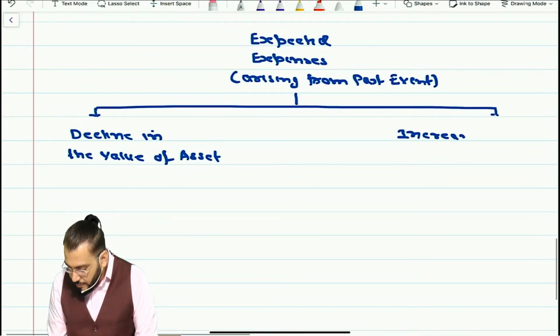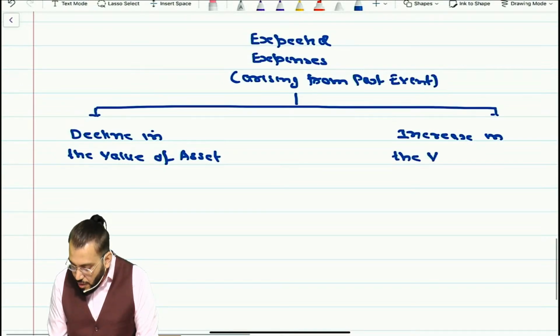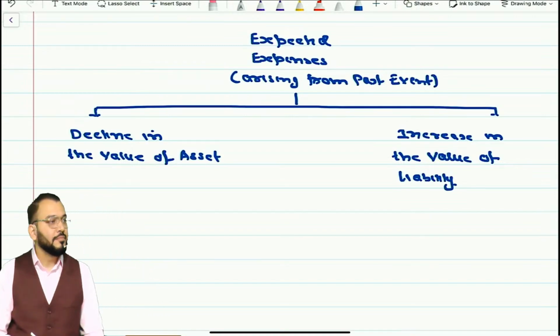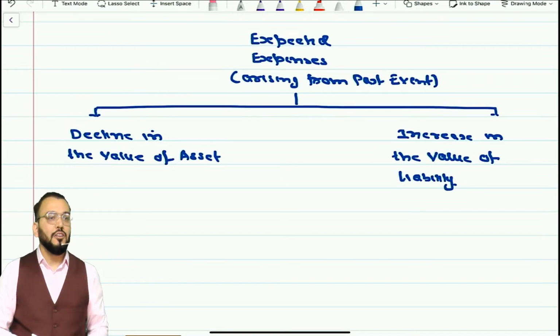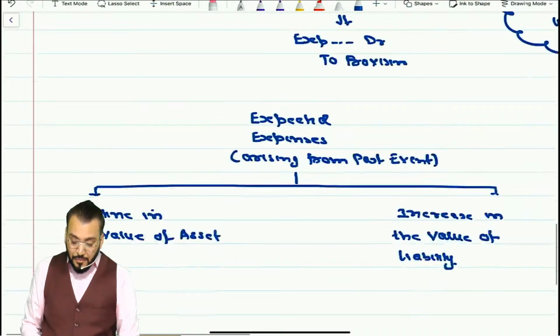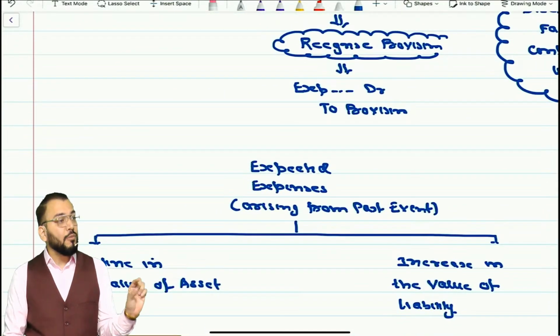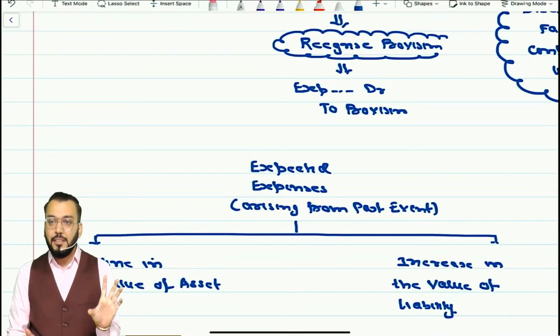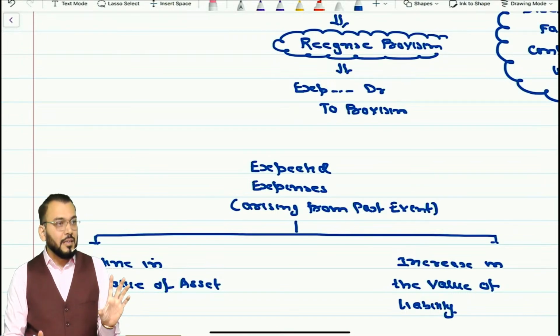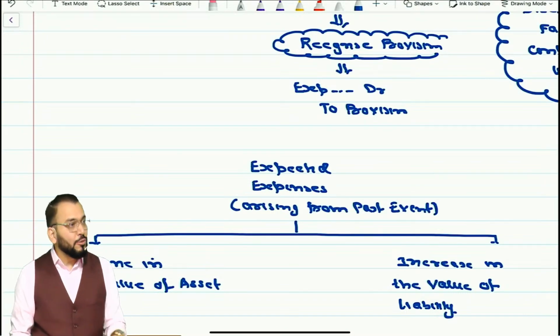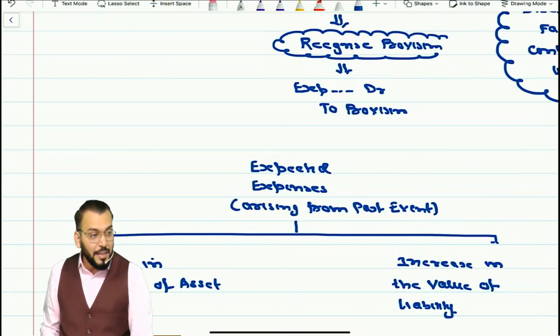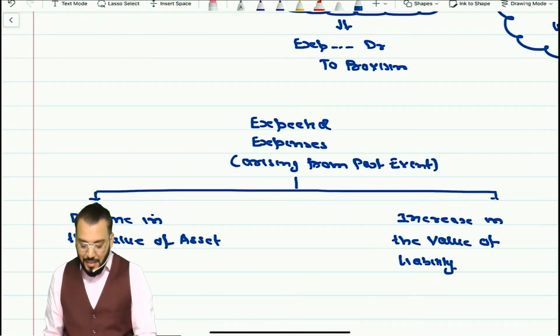Increase in the value of liability. Understood? Means when I am saying this journal entry, it can be expense account debit to asset or expense account debit to liability. So either it can be due to decline in the value of asset or increase in the value of liability.